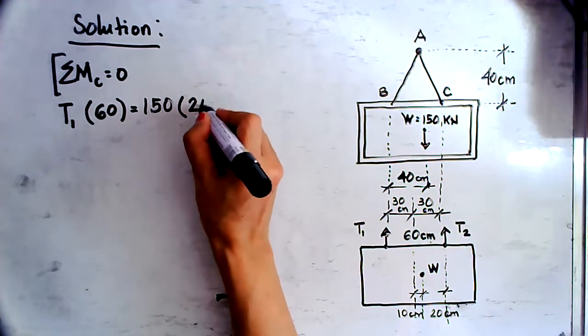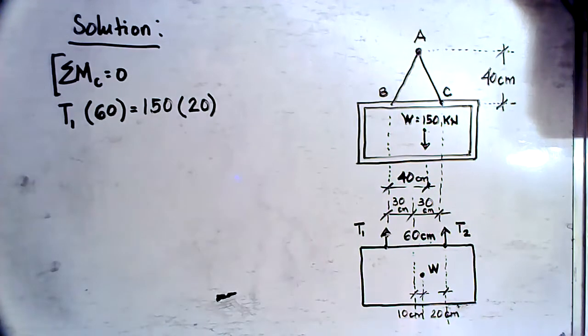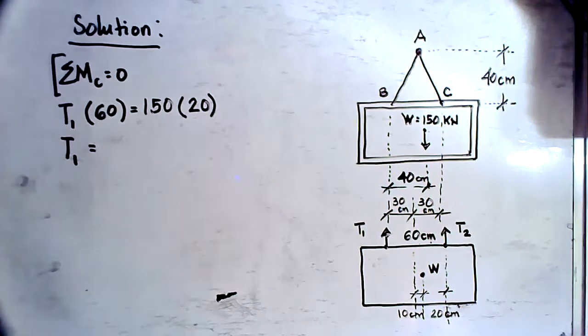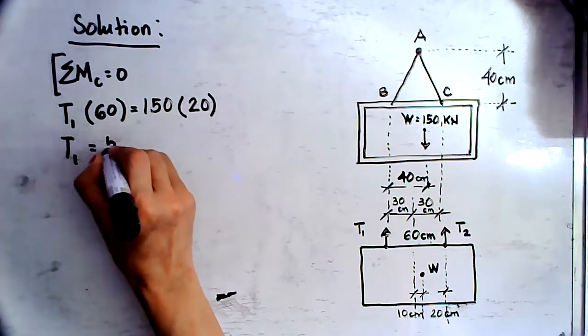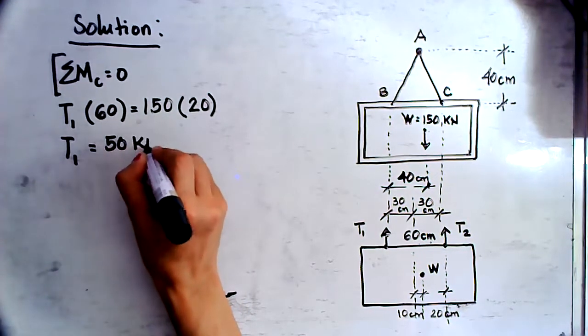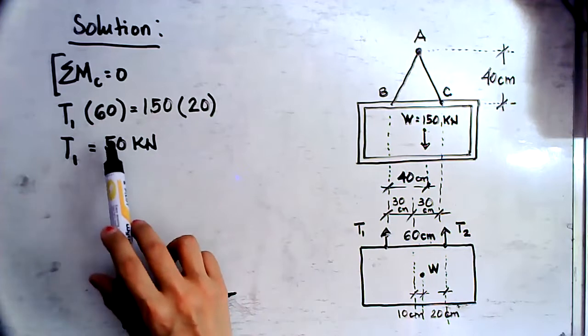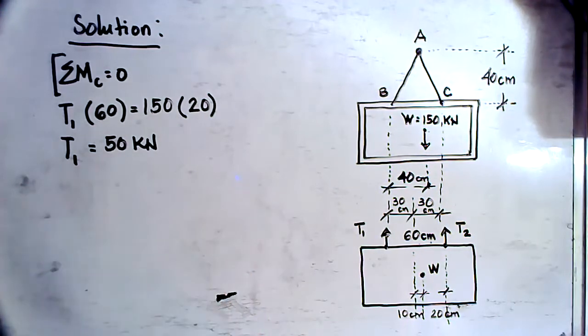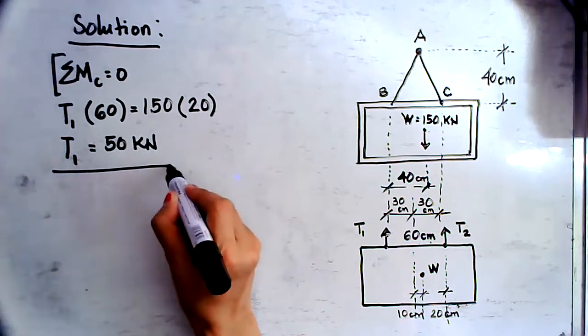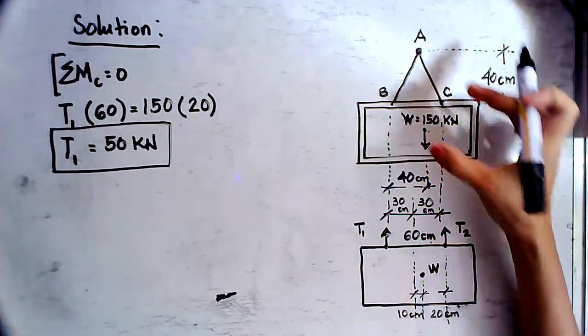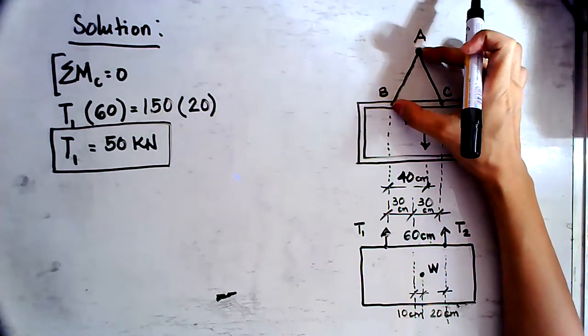So if you would like to determine T sub 1, that simply equals 150 times 20 divided by 60, that's equivalent to 50 kilonewton. So you have here 60 divided by 20 is 3, and 150 divided by 3 is 50. That means the tension in the cord is 50 kilonewton, T sub 1.